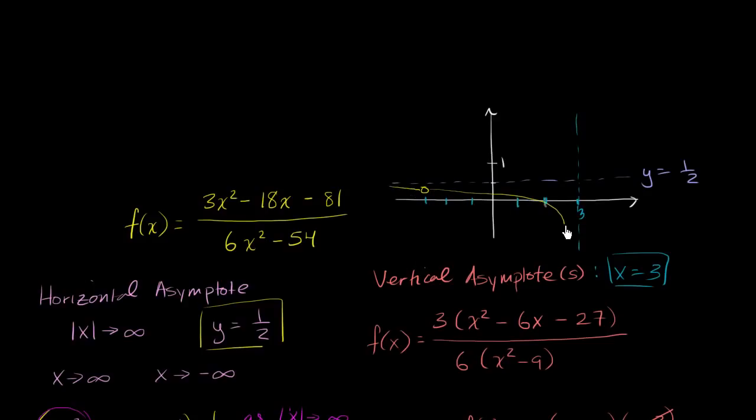And then it goes something like this, and maybe it does something like that. It's not defined at negative 3, and this will be an asymptote, so it'll get closer and closer, and it could go something like that, or it would go something like that.